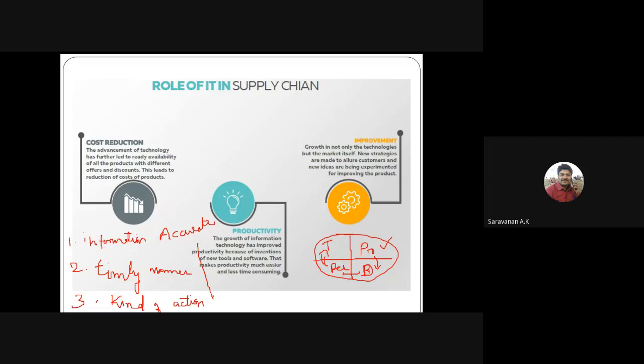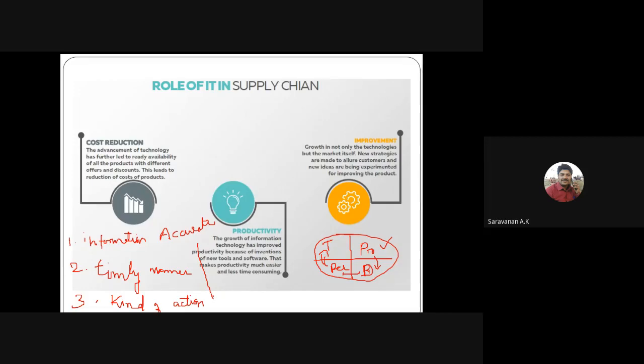Then the information must support the right kind of decision. The decision making needs information that they can use. Often the companies have a large amount of data, but it is not helpful to make decisions. The company will have a lot of data, but we have to use the data in a correct manner. So the kind of action will be a very good one.